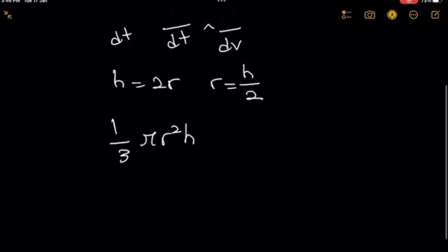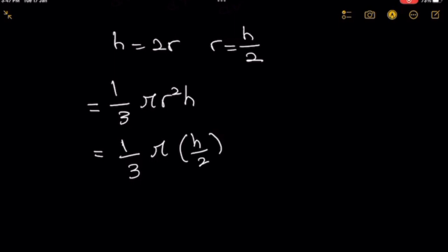After that, we have to substitute the r into the formula. So we get 1/3 pi (h/2) squared h.